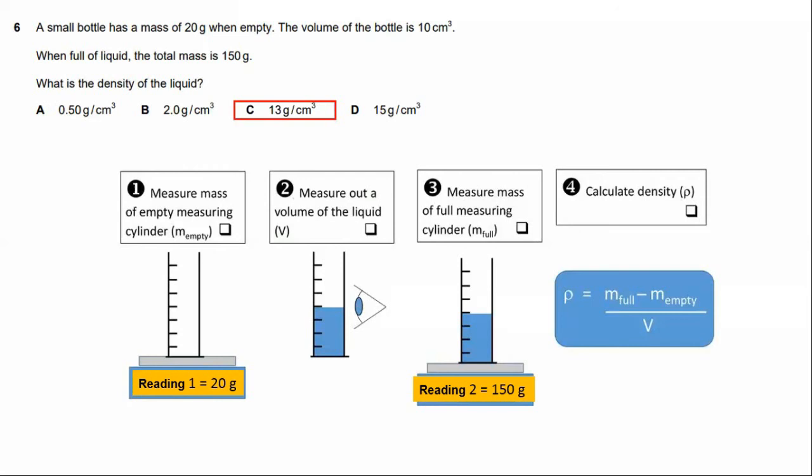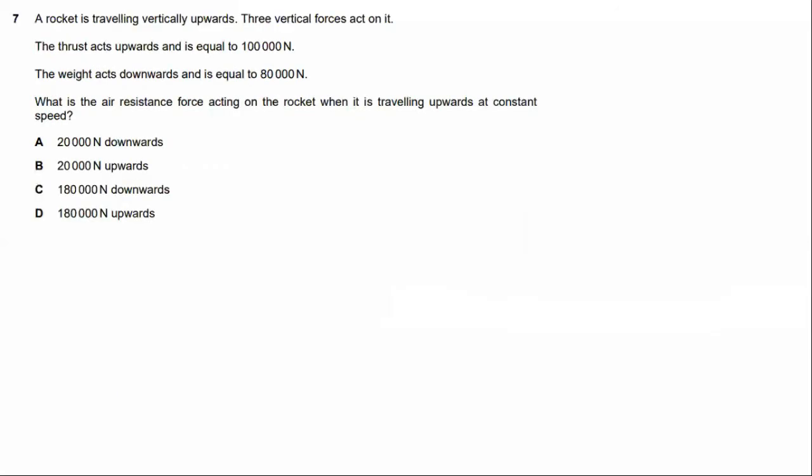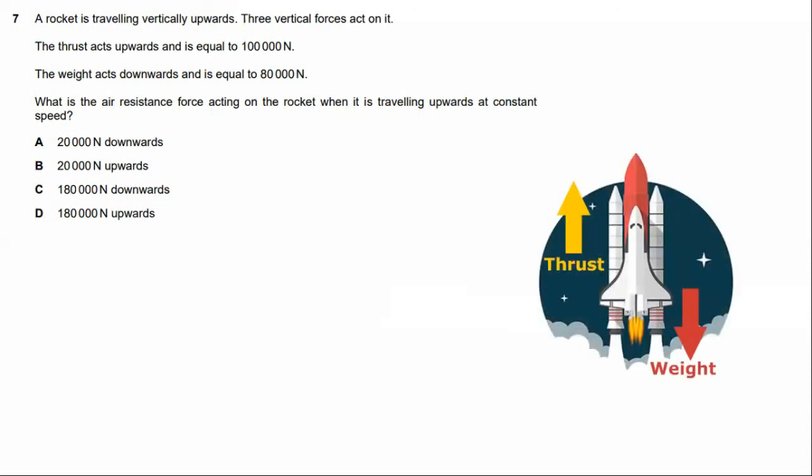Let's move on to question 7. A rocket is traveling vertically upwards. 3 vertical forces act on it. The thrust acts upward and is equal to 100,000 Newton.